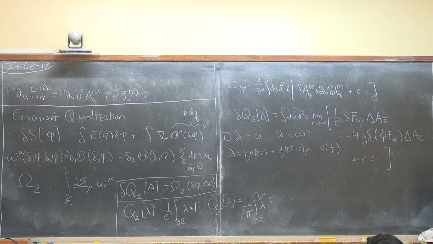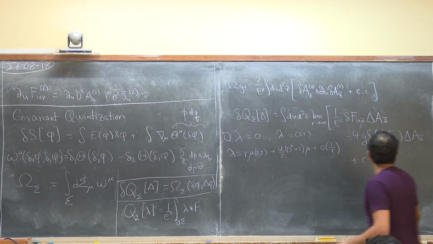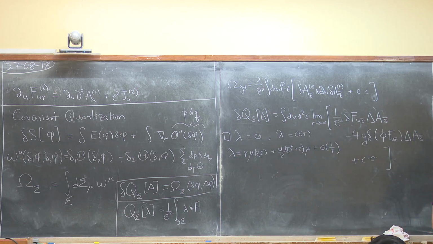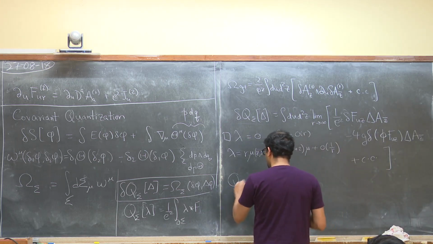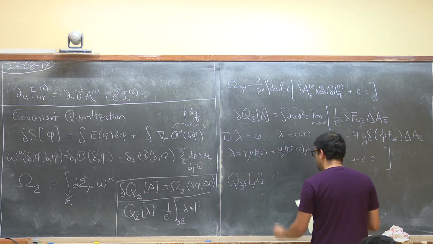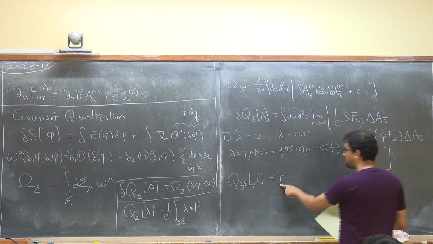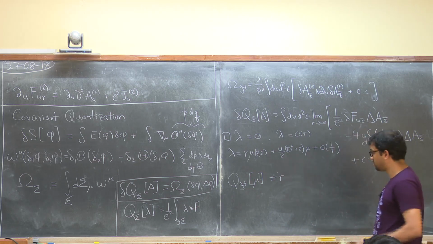Okay, so I'm just going to write out what the answer is. So the answer turns out to be Q at scri plus, which is a function of this mu, and as expected has an r divergence coming exactly from this term.